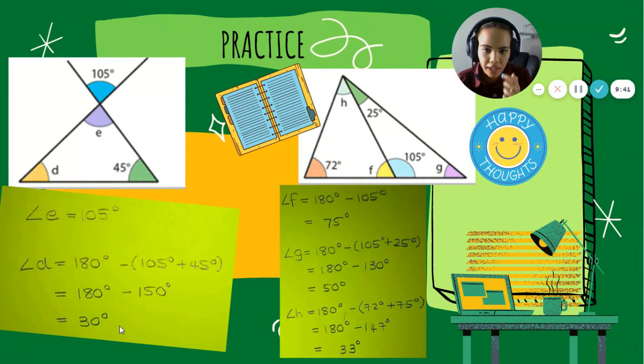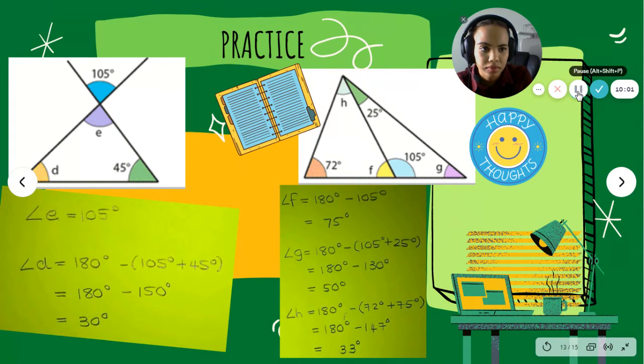Okay, and then the last one is, or the last three, angle F, G, and H. You tell me if you're happy with these answers. Okay, so angle F, I said 180 minus 105. I did that because angle F and the 180, that's a straight line with the 105.